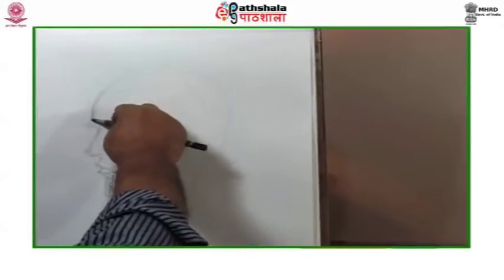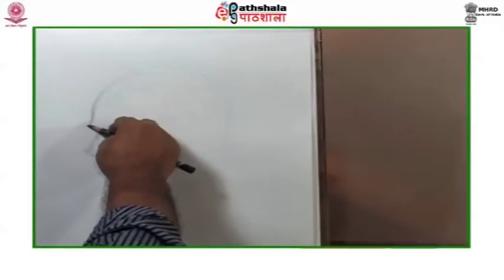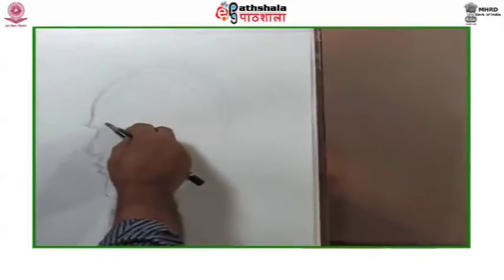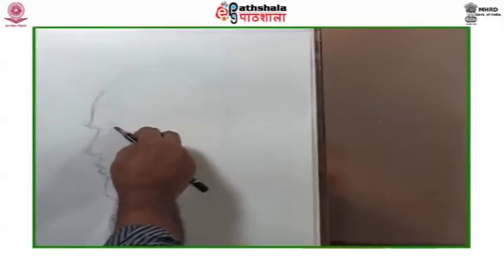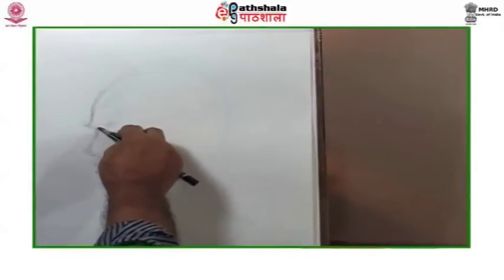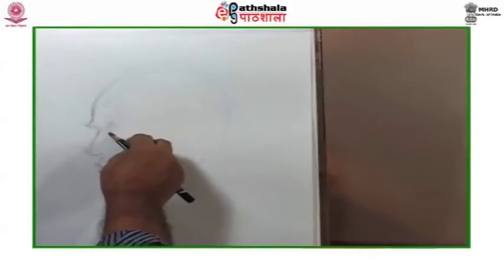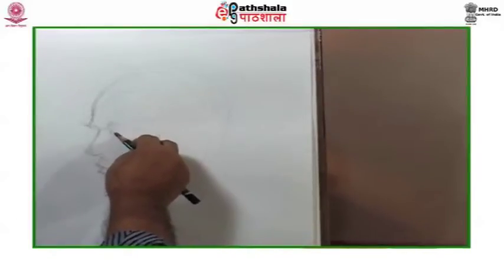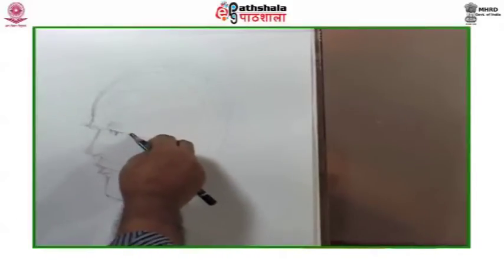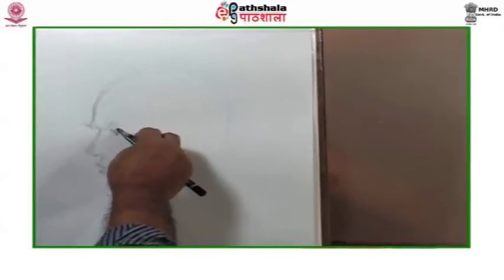I will work on the forehead and start work on the eye that's visible from this angle. The interesting fact is that in a profile face, the central axis line shifts all the way to one end, forming the edge of the face.